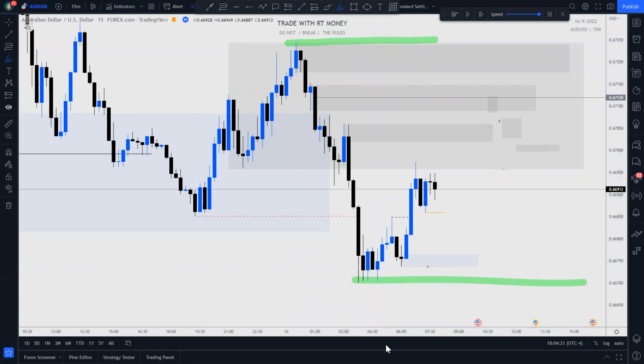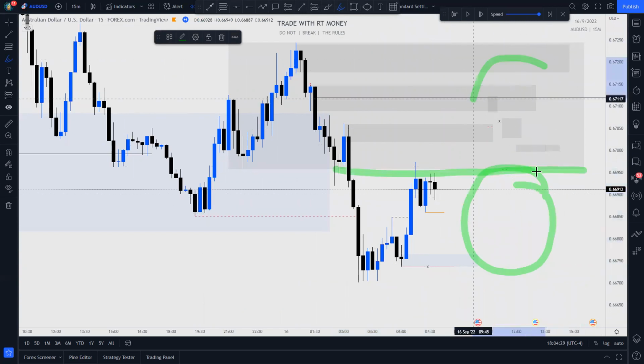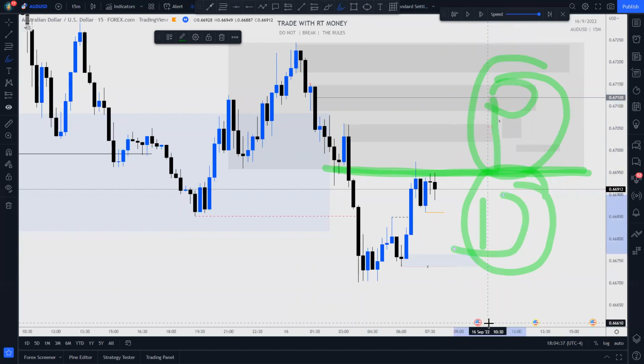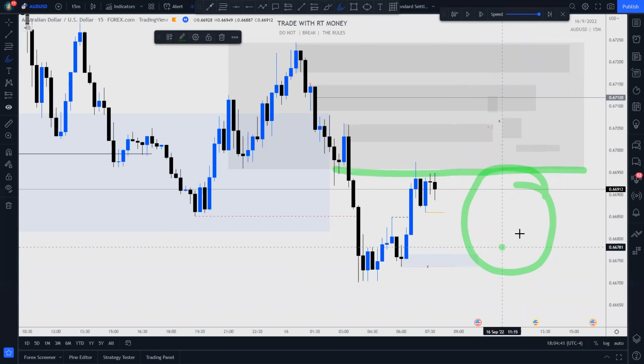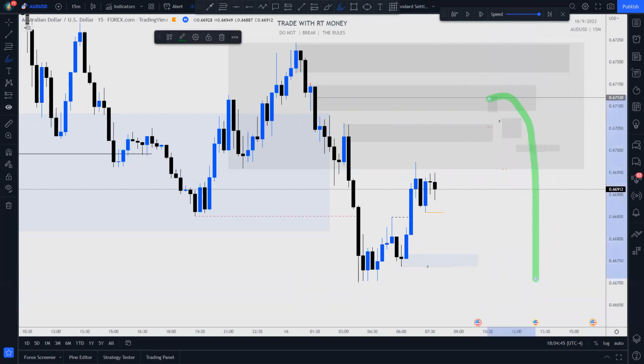I don't want to take a sell when it's in this area as opposed to this area, above the 50 or below the 50. This is premium price, and this is discount price. I want to take my buys from discount, and I want to take my sells from premium. This isn't high enough for me.